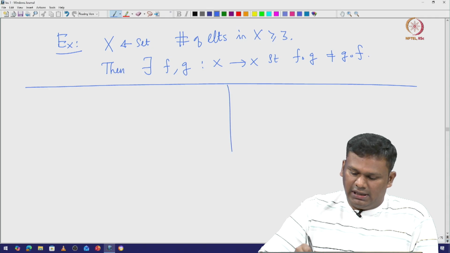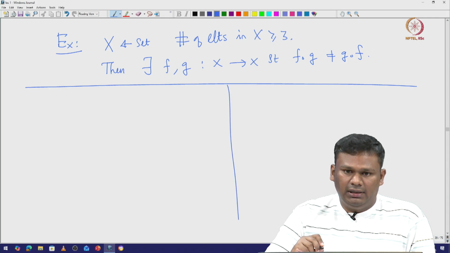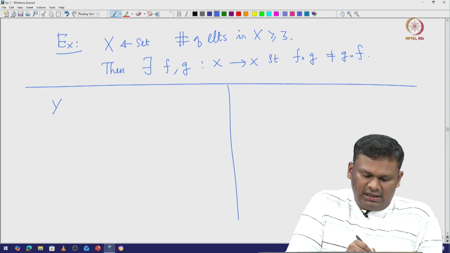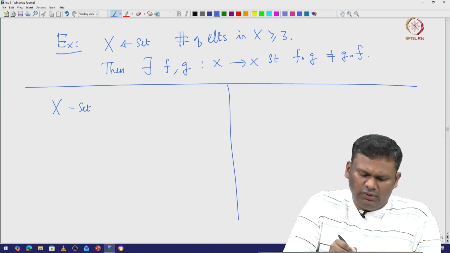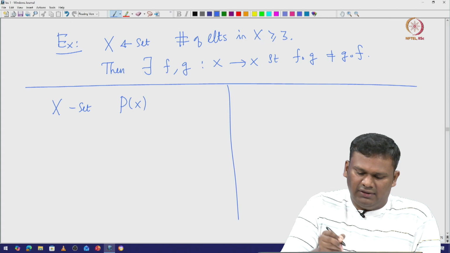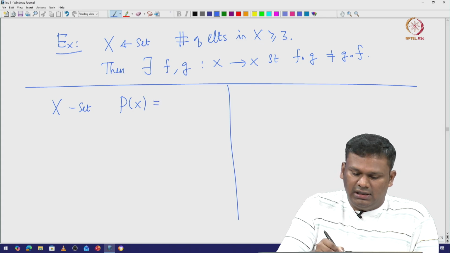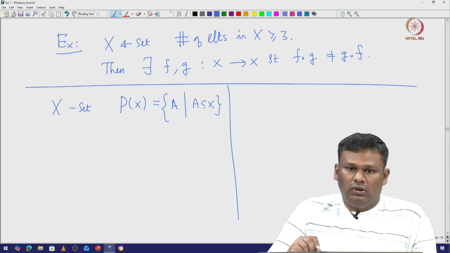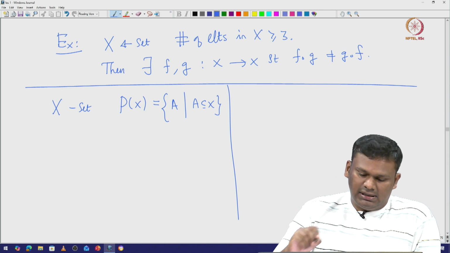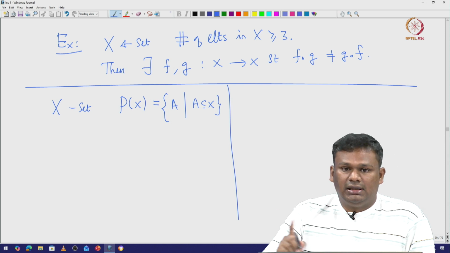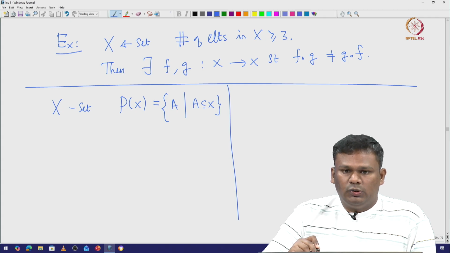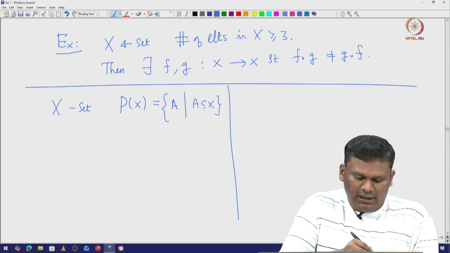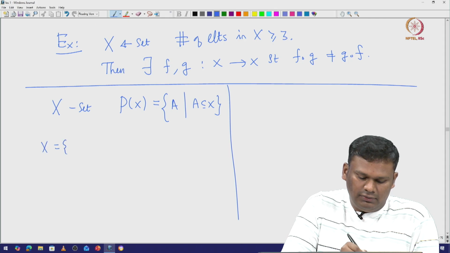Okay, first of all, let us try to understand what is really happening. Given a set X, we have already seen what the power set of X is. The power set of X is nothing but the collection of all possible subsets of X. It is clear, at least in the finite case. Let us say X has 3 elements, x1, x2 and x3.